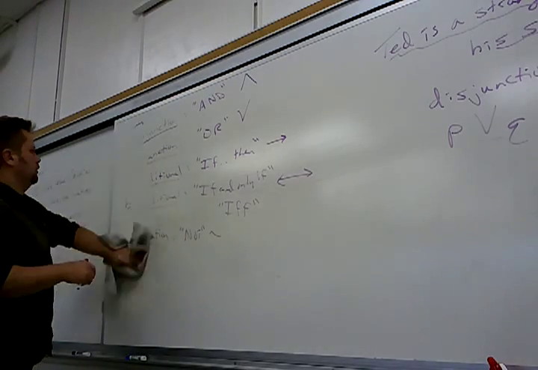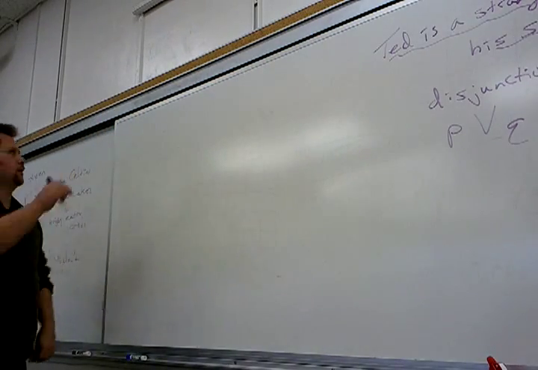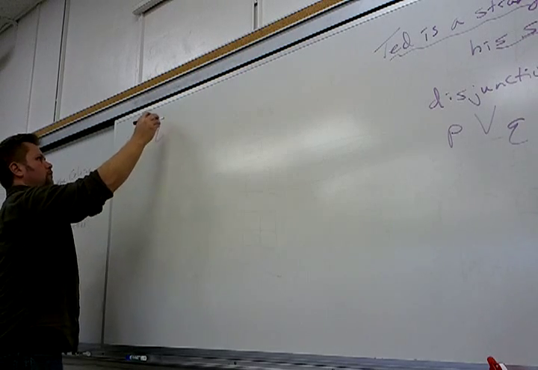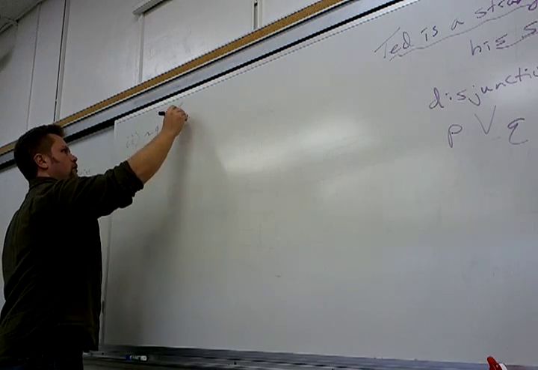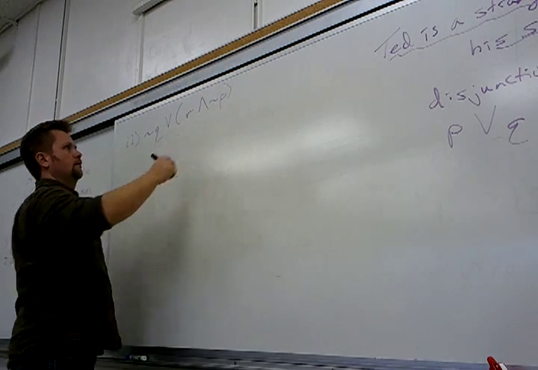So what about this one here? I'm going to have to help you out a little bit with this one, but I want to show you the idea. Not Q or R, and not P. Now in English, how do we separate ideas?